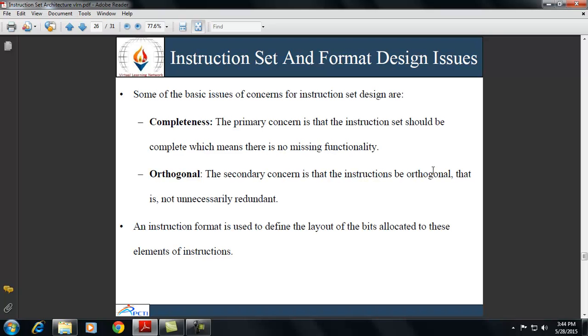The second concern is that the instructions should be orthogonal, that is, no unnecessary redundancy should be there. For example, integer operation and floating number operation usually are not considered as redundant, but different addressing modes may be redundant when there are more instructions than necessary, because the computer takes longer to decode.